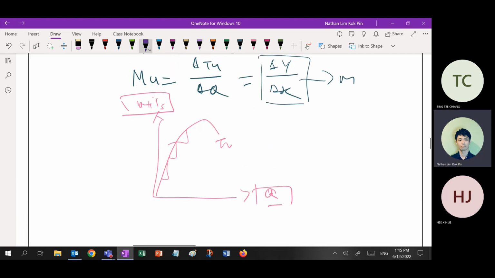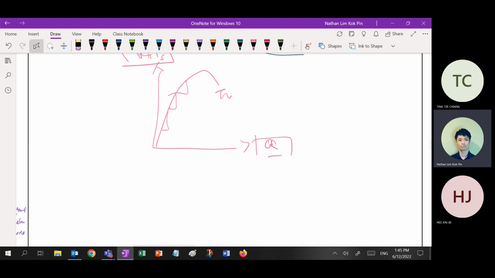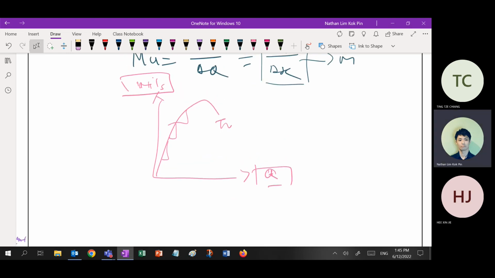Diminishing marginal utility, I always tell them: everything will have diminishing marginal satisfaction, right? If your father likes to slap you and derives satisfaction from slapping you, try asking your father to slap you 999 times.